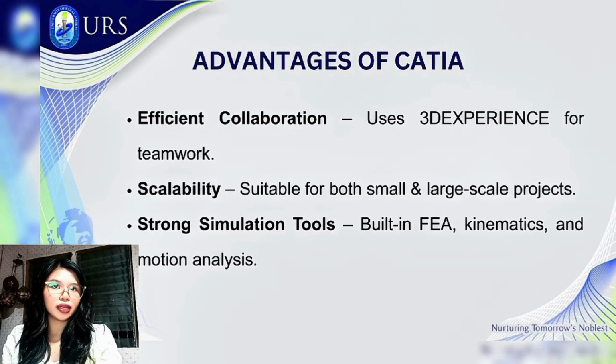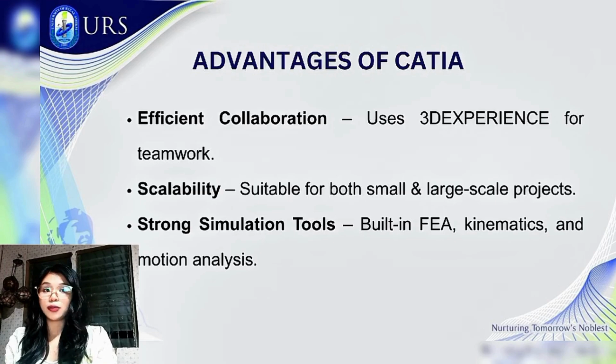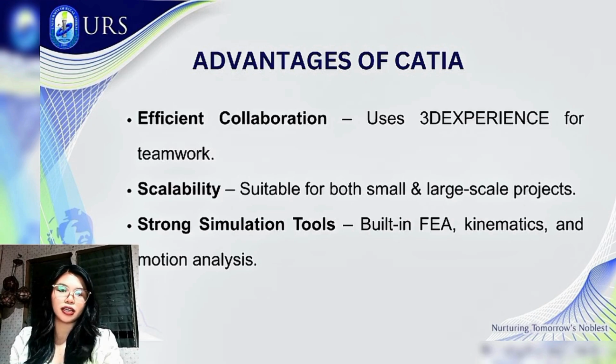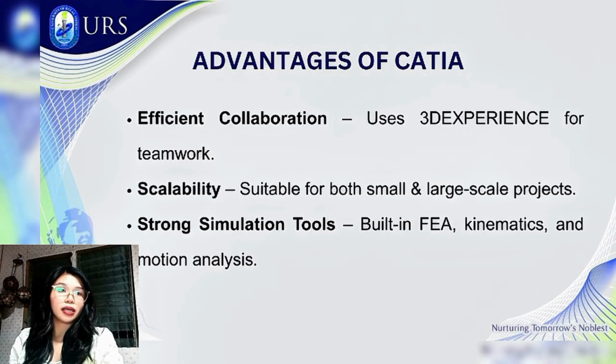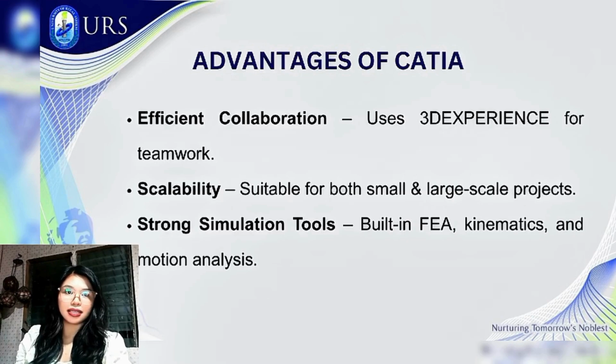Continuing with the advantages of CATIA, it promotes efficient collaboration by using the 3D Experience platform. It is the most advanced version of CATIA, which facilitates teamwork across departments or even global teams. It is also known for its scalability, meaning it can be used effectively for both small tasks and large-scale industrial projects.